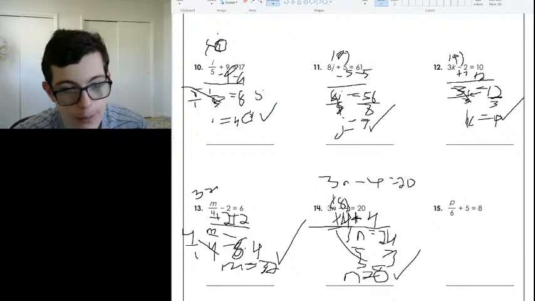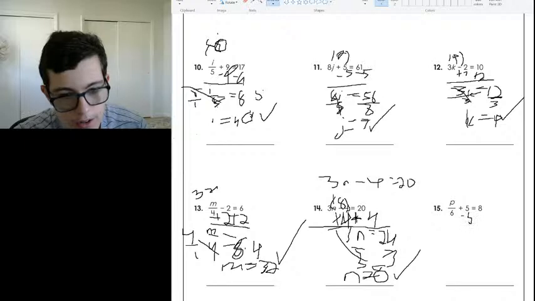Here we're going to do the inverse operation of subtraction and subtract 5 from both sides of the equation to isolate our variable.